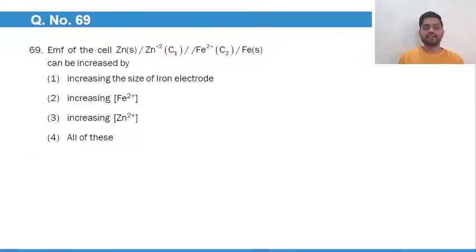So EMF of a cell, that is zinc solid in this, can be increased by, okay, so this reaction can be written as zinc. We know that at anode oxidation goes on and at cathode reduction goes on. So zinc in the presence of Fe2 plus gives you zinc 2 plus plus Fe solid.